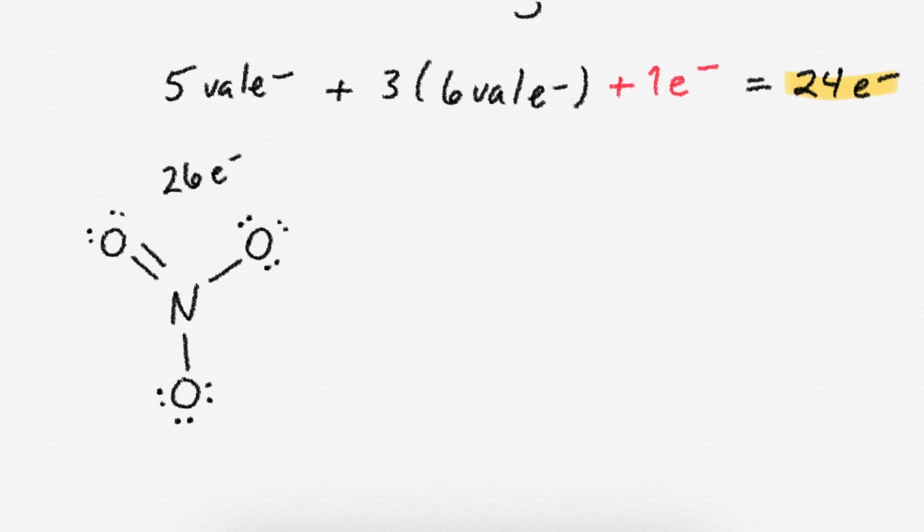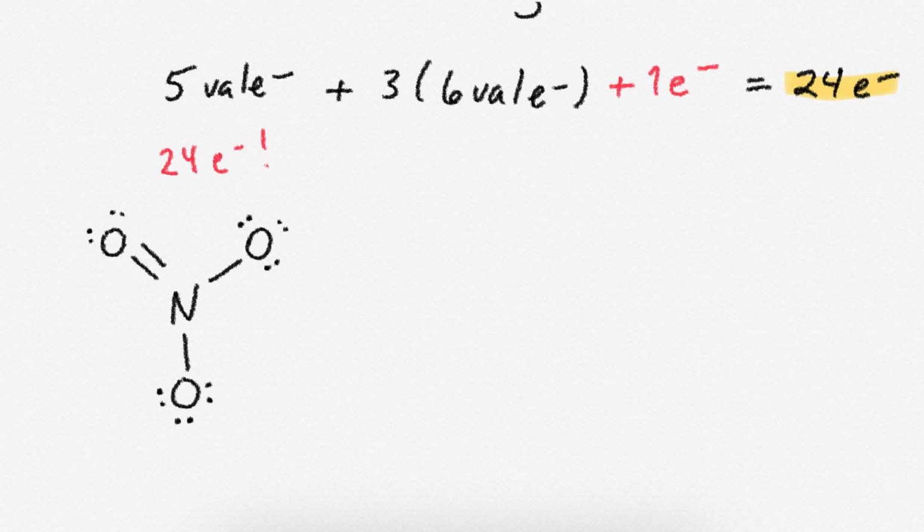So looking at this structure, let's go through and see if we now have 24 valence electrons. So here we go. Notice now we have 8, 16, 24. And looky there. So this may very well be our structure. This is the nitrate ion.